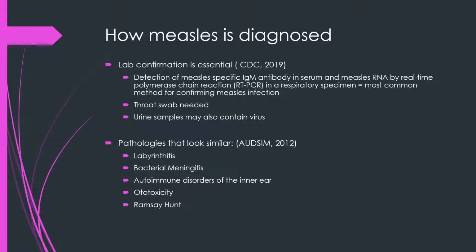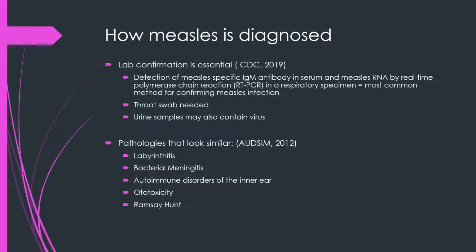What they're looking for is the detection of measles-specific IgM antibody in serum and measles RNA by real-time polymerase chain reaction in a respiratory specimen. So that's the most common thing they're looking for. A throat swab could also be done, and the virus can also be detected in urine samples as well.